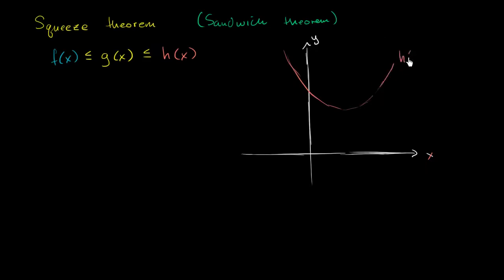So that's my h of x. Let's say f of x looks something like this. Maybe it does some interesting things, and then it goes up like this. So f of x looks something like that. And then g of x, for any x value, is always in between these two. I think you see where the squeeze is happening and where the sandwich is happening. If h of x and f of x were bendy pieces of bread, g of x would be the meat of the sandwich. So it would look something like this.